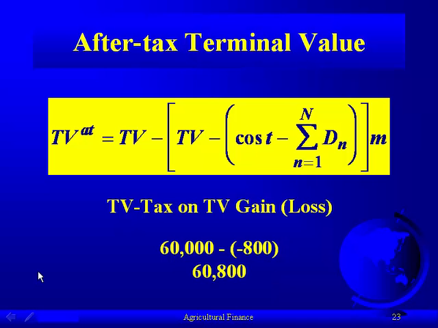It says then that our terminal value after tax on this irrigation system is actually $60,800: $60,000 from whoever bought the irrigation system, and the $800 because our taxes were reduced by that additional depreciation that we could claim but didn't receive through the life of that irrigation system.